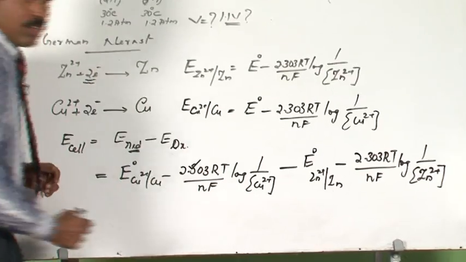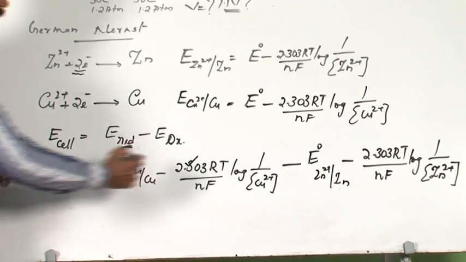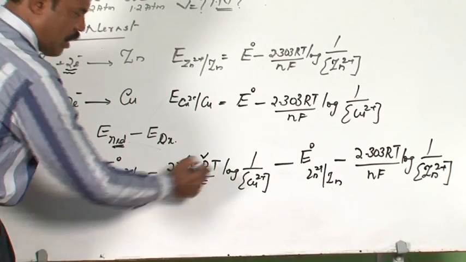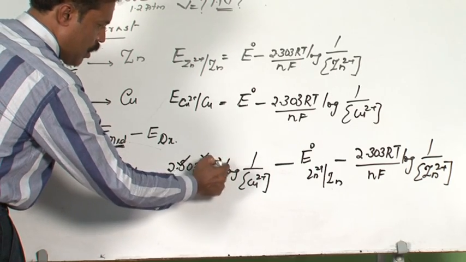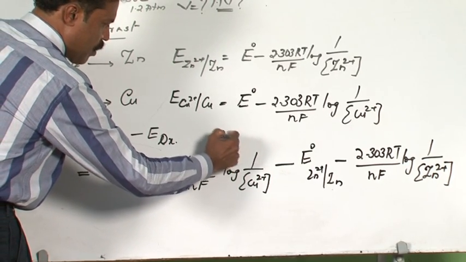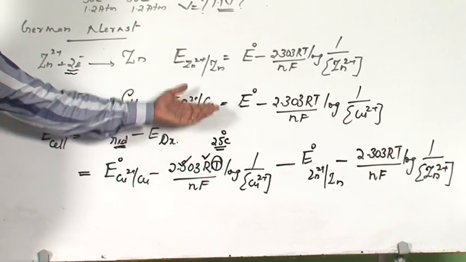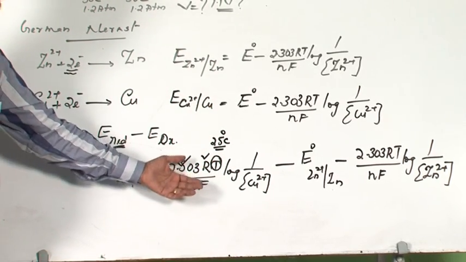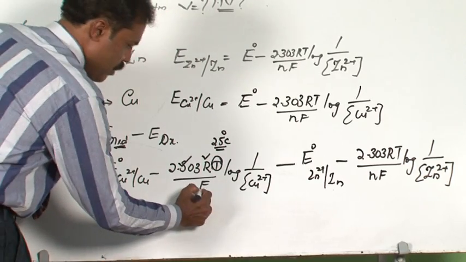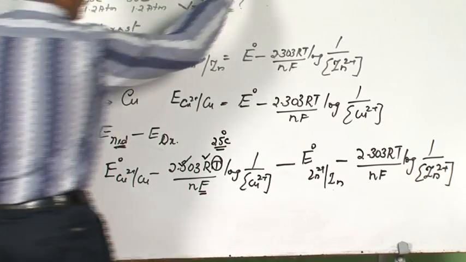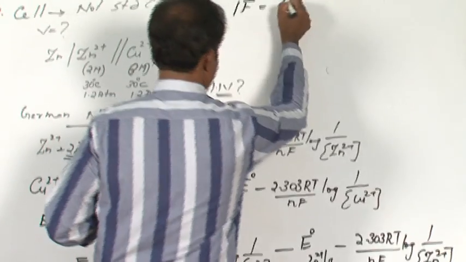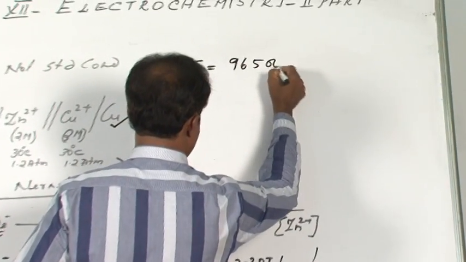Since 2.303 is a constant and R is a constant, let's consider the temperature as 25 degrees Celsius, if you set up the cell at atmospheric temperature, and F is 96,500 coulombs.